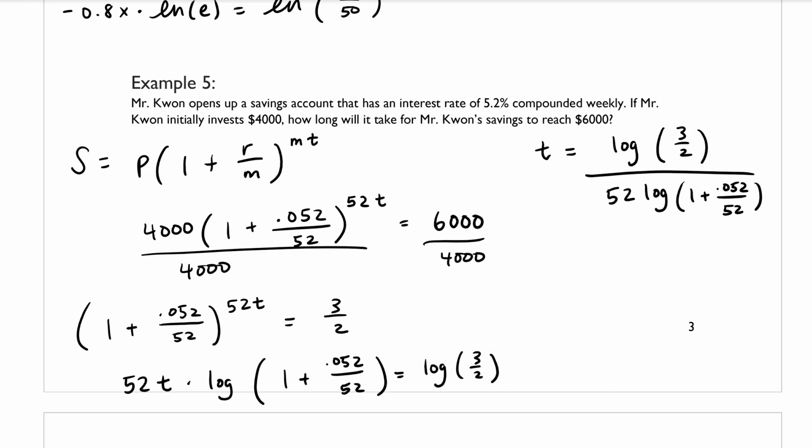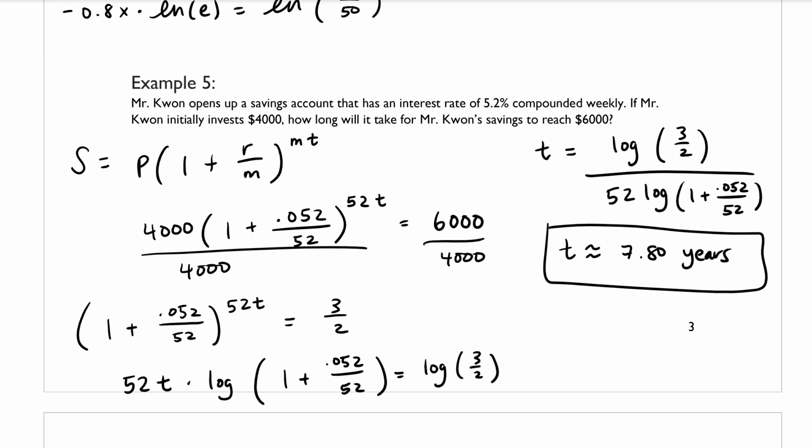And let's see what we get when we throw that into our calculator. So I plugged that into my calculator and got t is approximately 7.80 years. So that's the amount of time that it'll take for my savings to reach $6,000.